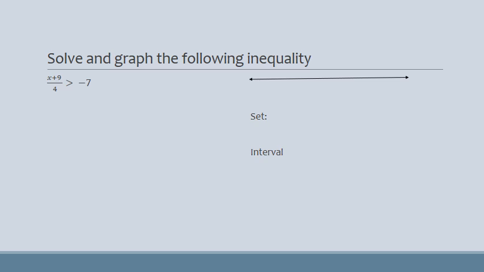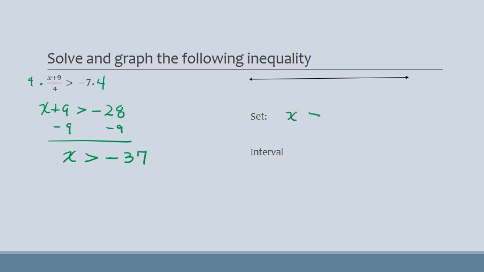In this case, I want to multiply both sides by 4. So I'm going to get x plus 9 is greater than negative 28. I'm going to subtract 9 from both sides, and I'm going to get x is greater than negative 37.